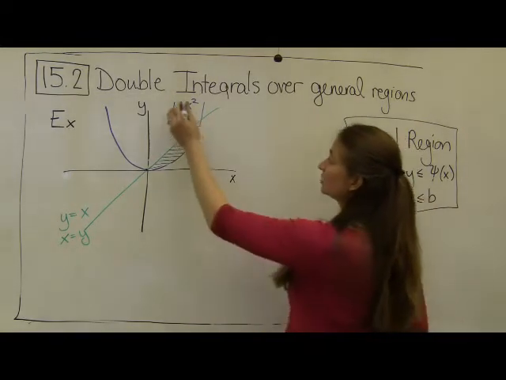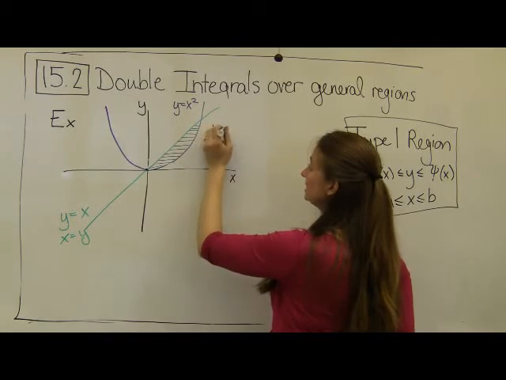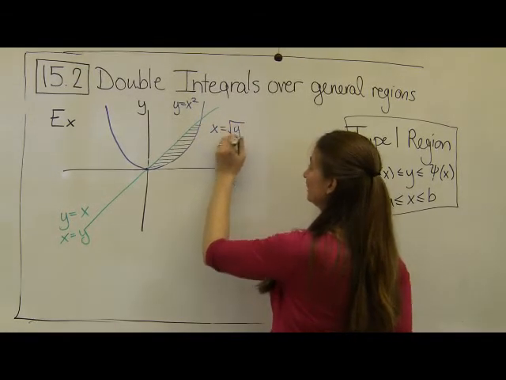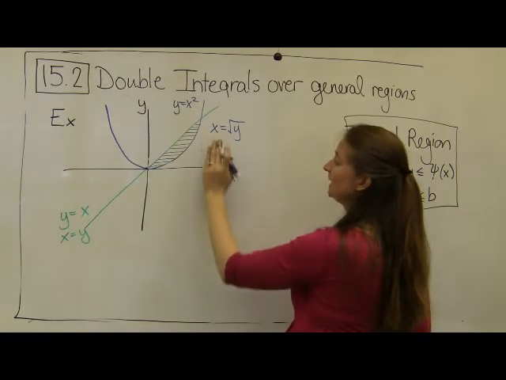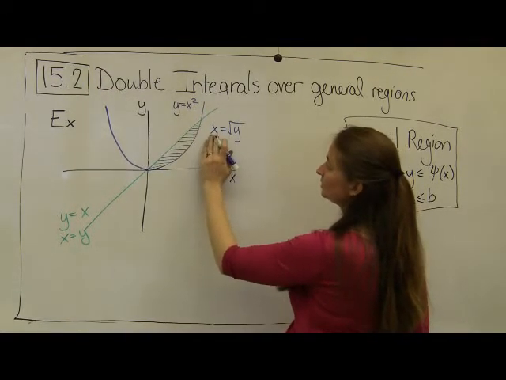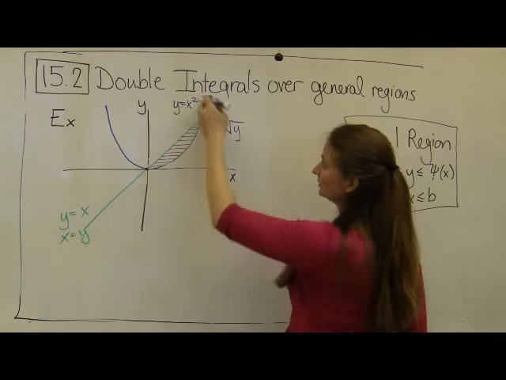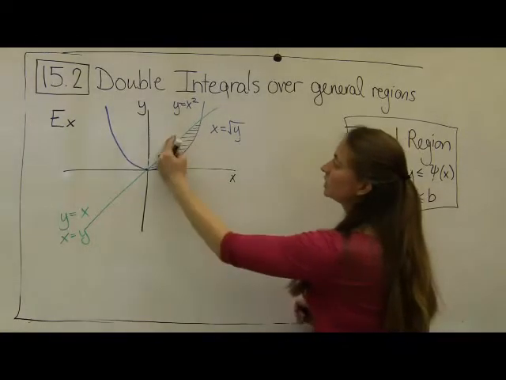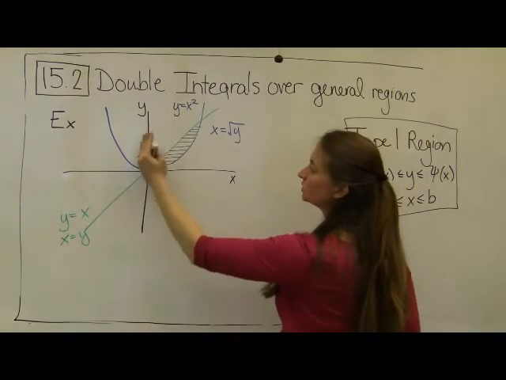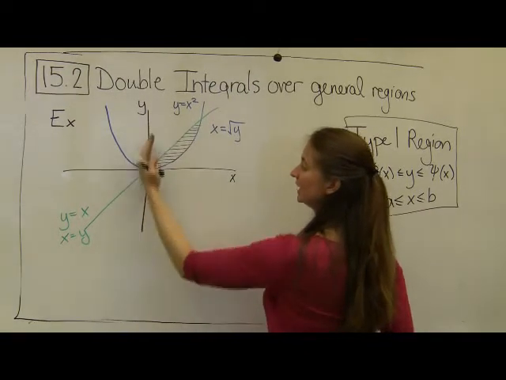And I find that if I square root both sides of this, I get that x is equal to the square root of y. So what did I do? I took the square root of both sides to solve for x, and that told me that if I wanted to write x as a function of y, I would be given this curve. So my bounds on x in this case, the lower bounds are going to be the ones that are closer to where x equals 0. So x equals 0 right along the y-axis.